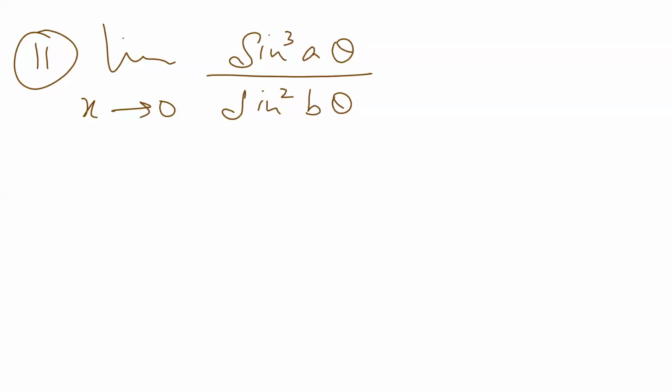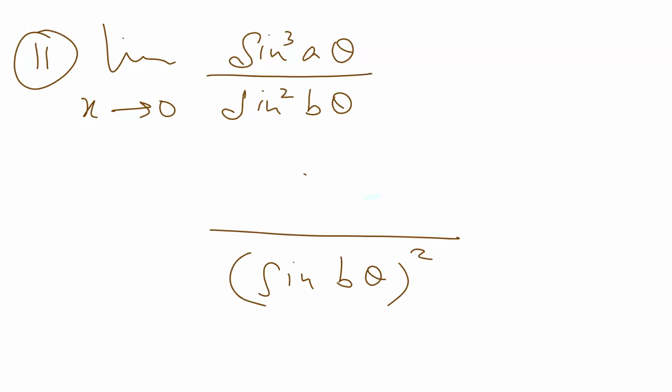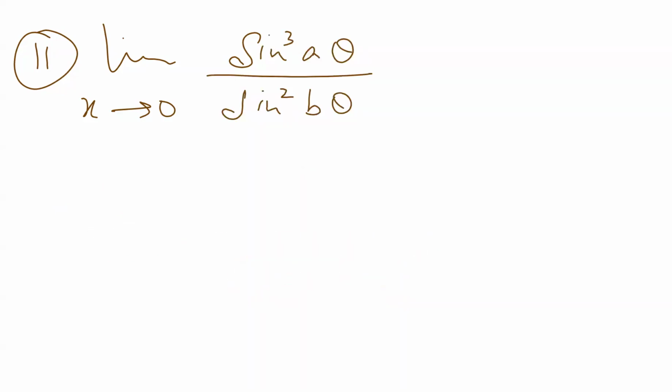Angle does not pose a problem over here. The problem is with the powers. Powers are different. So sine a theta the whole cube upon sine b theta the whole square. Did you understand this? I am not grouping, but I'm just taking those powers outside. Tell me if you have understood this or not.